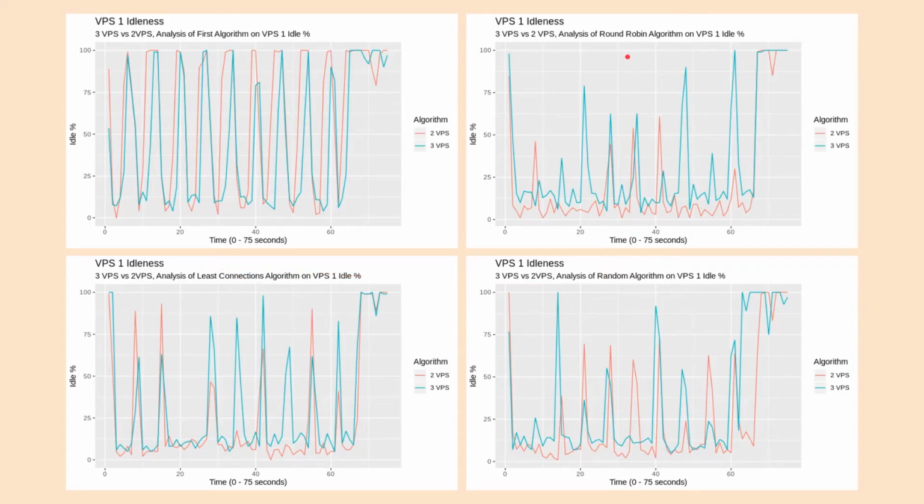And what this means is that scaling up using VPSs, while it does have a difference, not noticeable, not huge in terms of latency, it has a huge difference in terms of idleness.